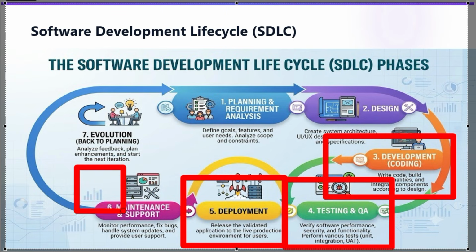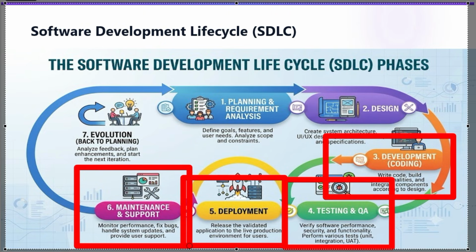The sixth and last phase of this software development life cycle is maintenance and support, which we have already noted earlier. During maintenance and support, the support team is going to monitor the application in the production environment and see how it is performing, and whether it is having any bugs or any problems they face.